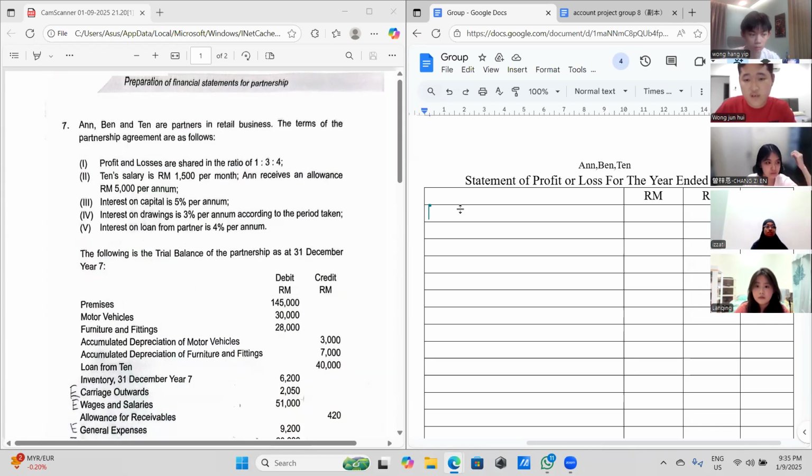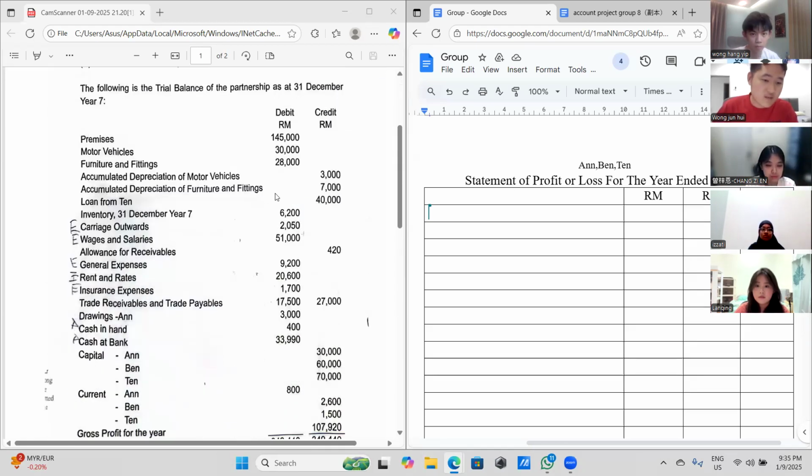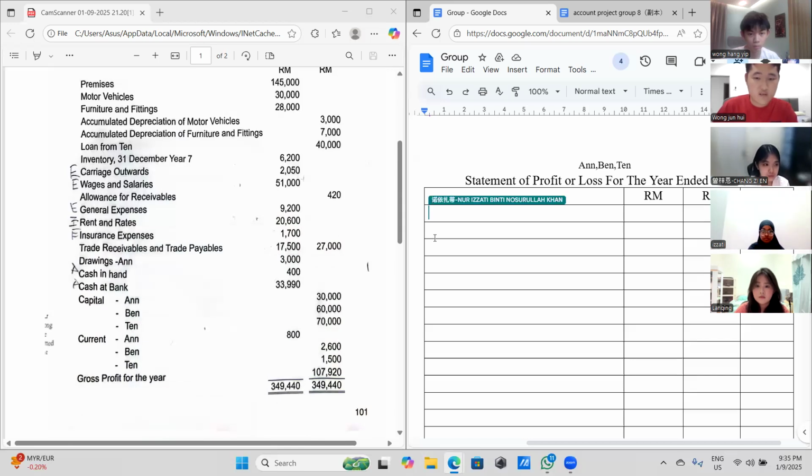So let's start with the statement of profit or loss for the year ended year 7. Firstly, we can take the gross profit on the top, which the amount is 107,920 at the third column. And according to the format, we must less the expenses.